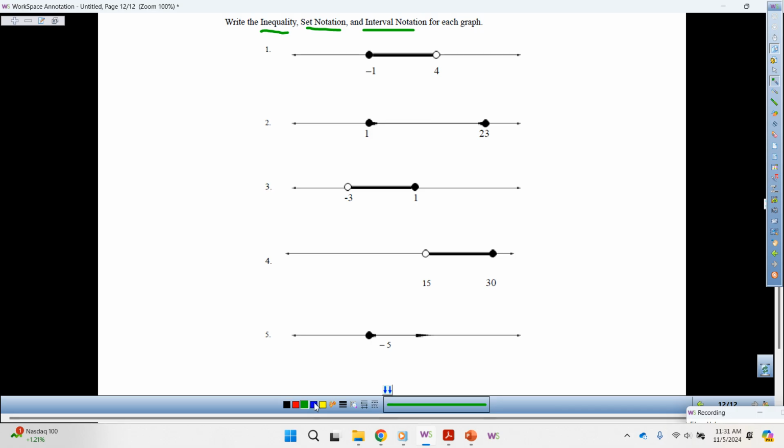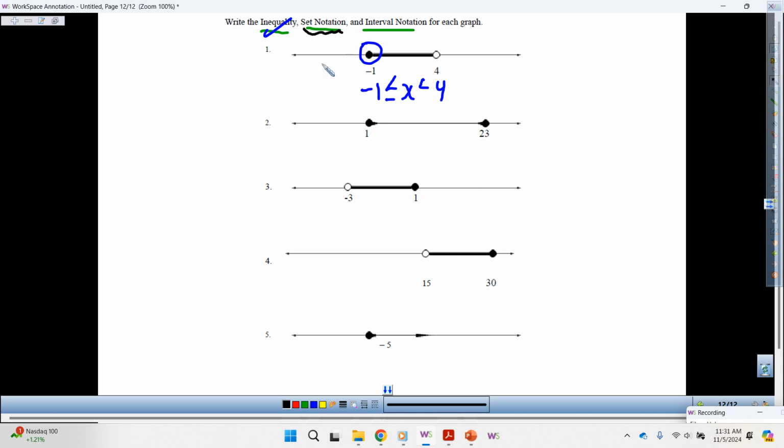Here we go. For number 1, -1, +4, x in between, less than. Which one has the equal sign? The close point, right? So that one right there. That's my inequality. Got it. Next, we need to write it in what?